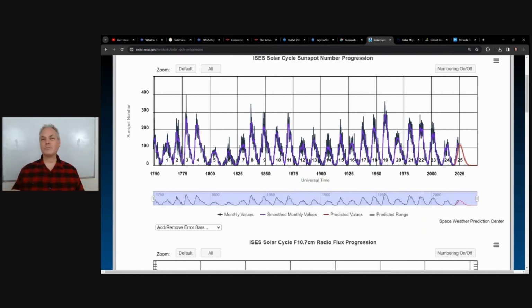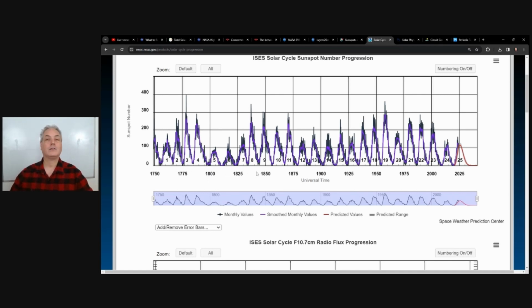Here the cycles are, from what I read, between 7 and 11 years. So you have an increase of sunspots, and then a time when there are no sunspots. Between each of the cycles, no sunspots can be seen.